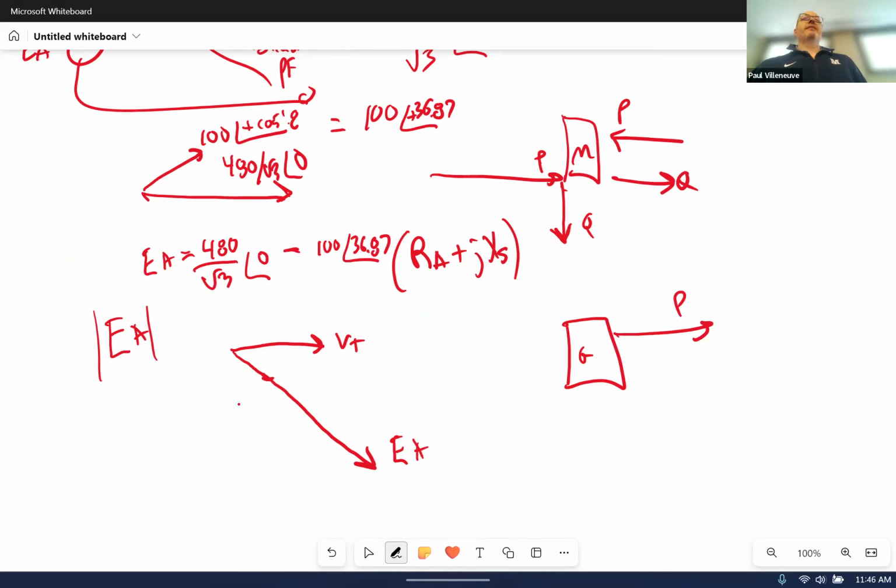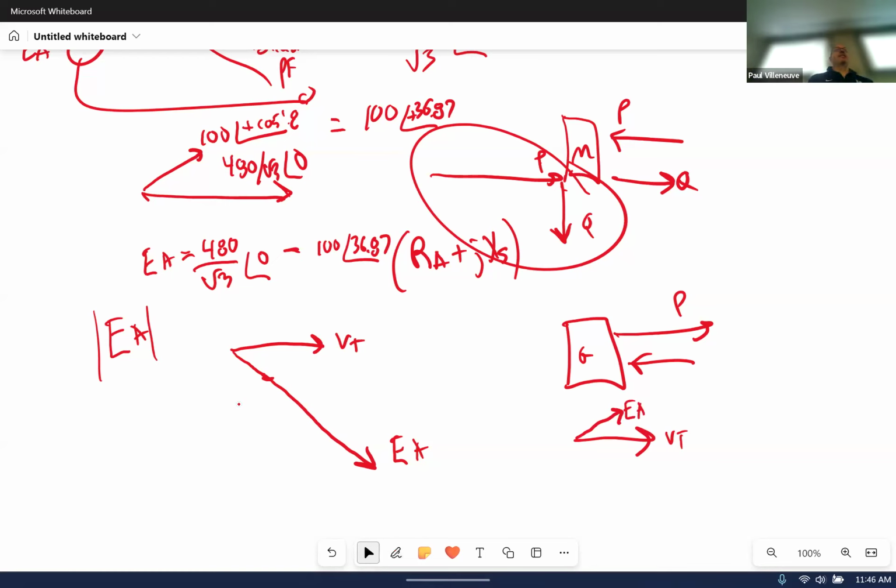Leading power factor. In. Because this power triangle doesn't change, right? Q is in the opposite direction. So if it's a generator, this is VT, and this is EA. So the magnitude's less.